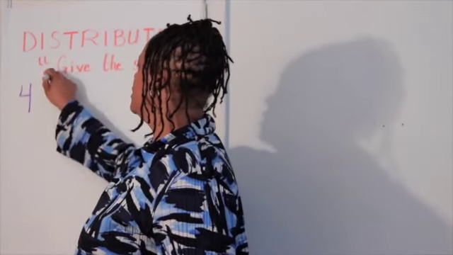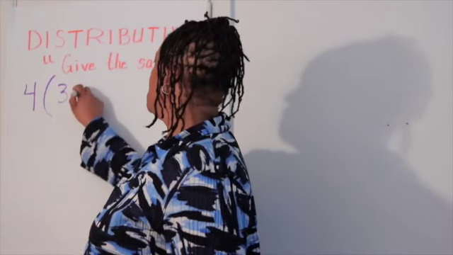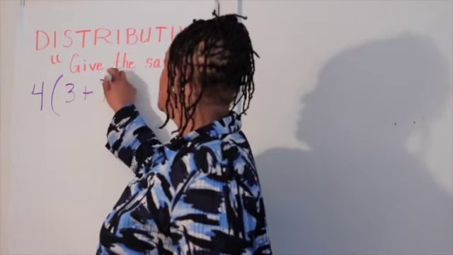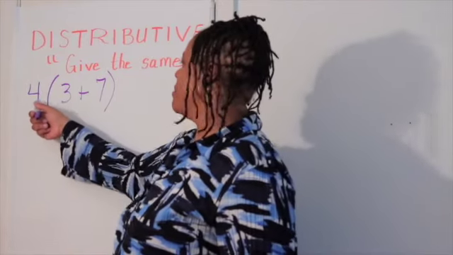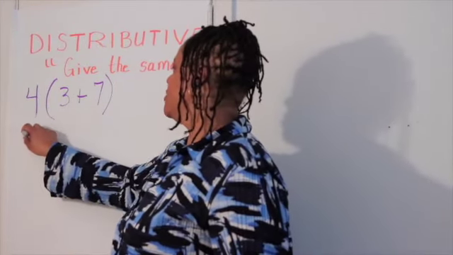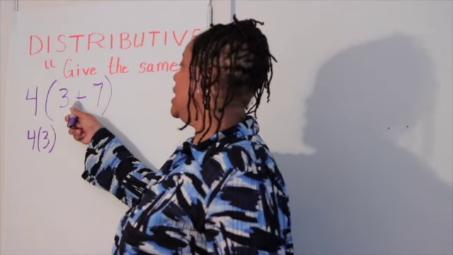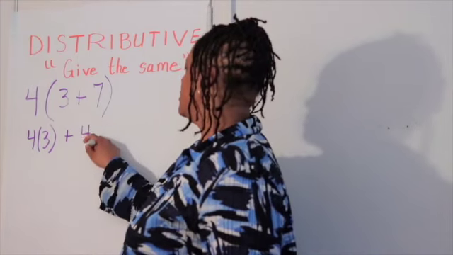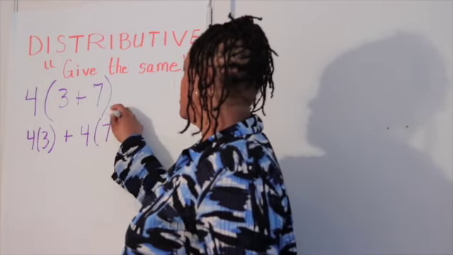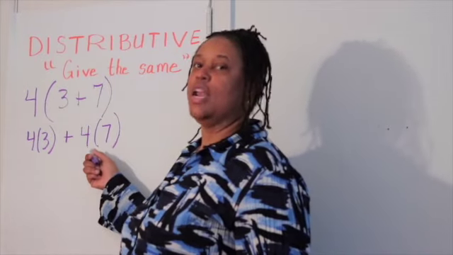4 times 3 plus 7. If I use the distributive property, I'm going to multiply 4 times 3 plus 4 times 7. I should get the same answer for this question that I would for this one.